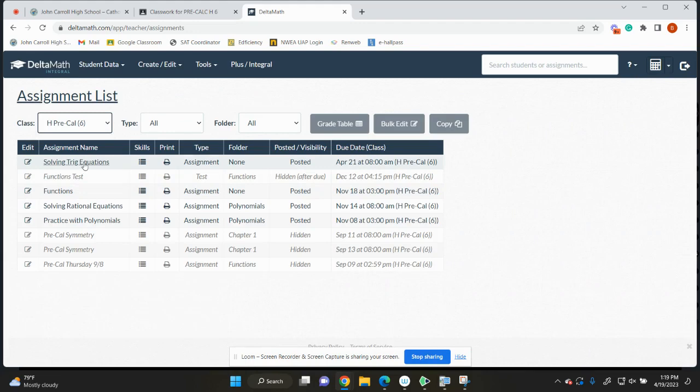This will be graded for accuracy, so don't rush through it. And this will be due Friday morning at 8 a.m. Okay, so your homework is Delta Math. And we have some other types that we have to go over on Friday with the double angle formula.